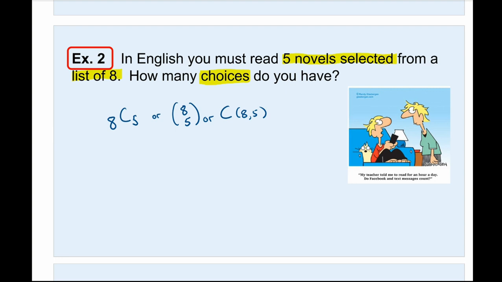Either way, you can use your calculator. In these types of questions, you don't have to show the full factorial formula unless the question asks you to, but in most cases they won't. So 8 choose 5, and we get 56 different choices of 5 novels from a list of 8.